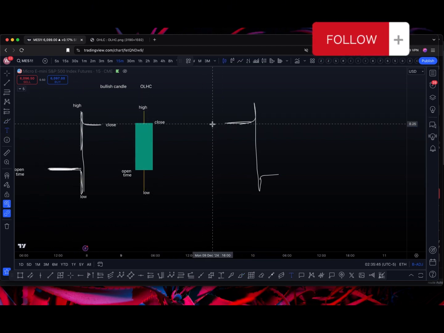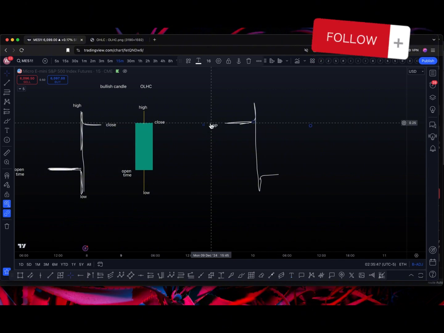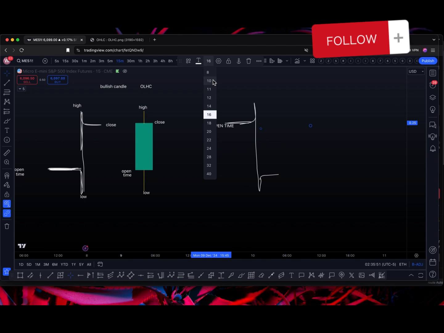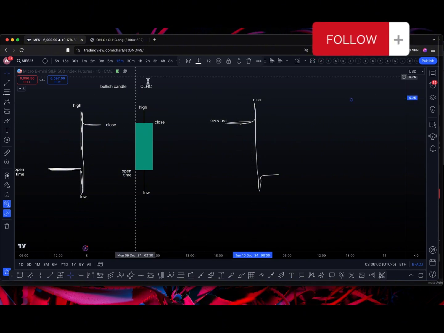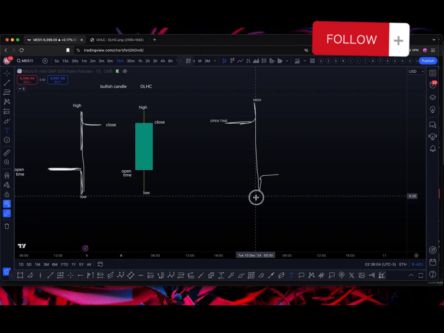It will open, the opening time, whatever time you're looking at, open time. It will create a high, create the low, and close near the low.